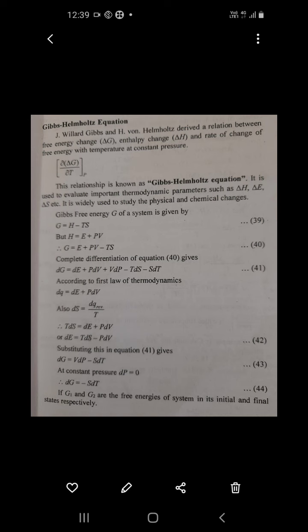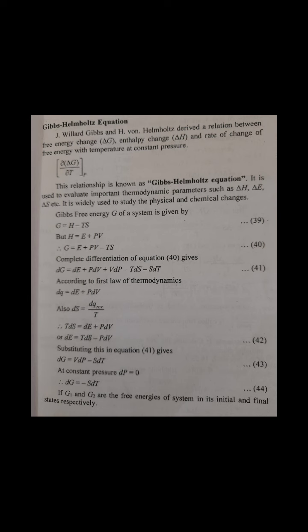Now this whole term can be written in the form of an equation, that is what? Del delta G upon del T at constant pressure. So if we have such an equation, then we always say that it is a rate of change of free energy with temperature.